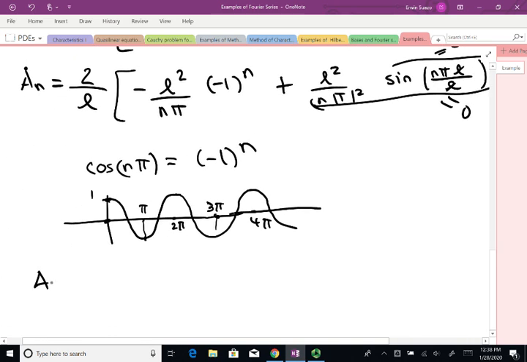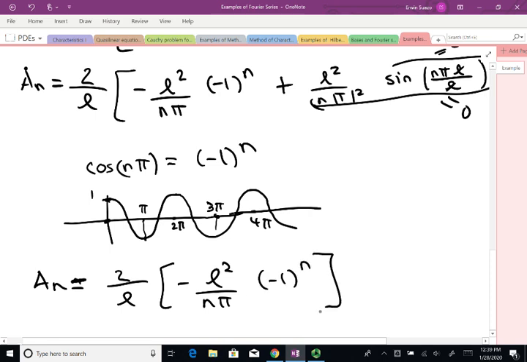So I want to give you also what you're supposed to do. You don't want to spend a lot of time doing this, right? So this is fast to do. So I'm getting 2 over L times minus L squared over n pi times minus 1 to the n. That's what is a_n.